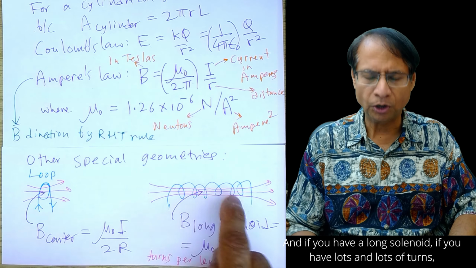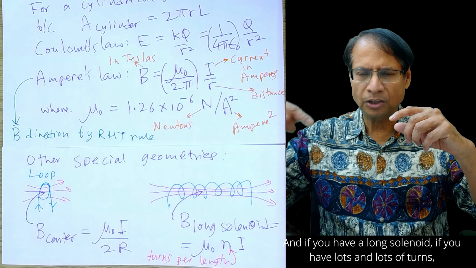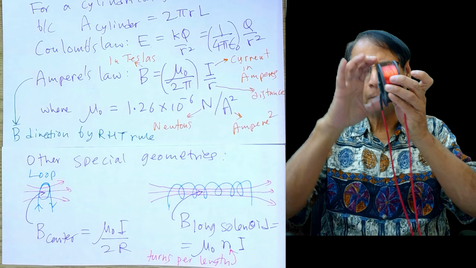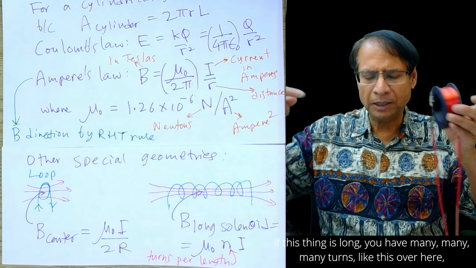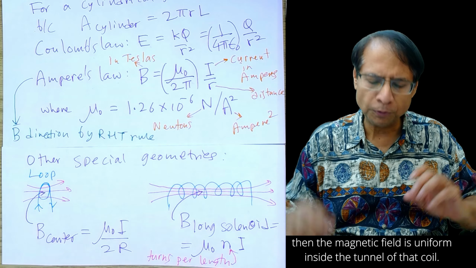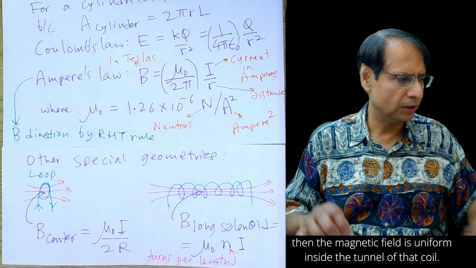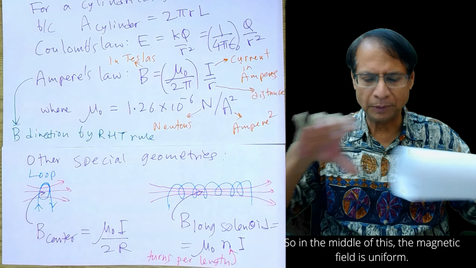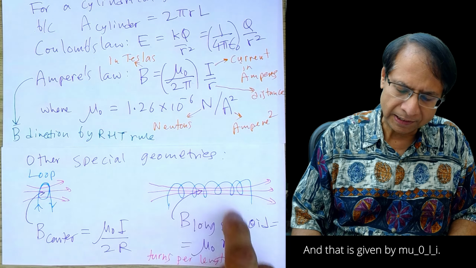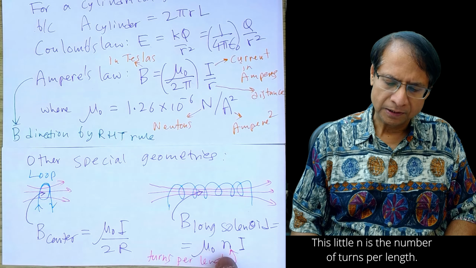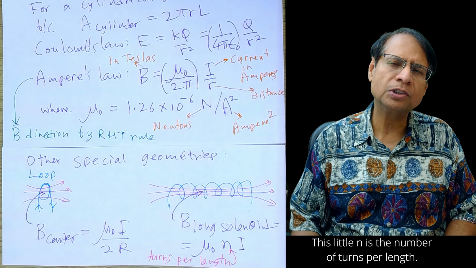And if you have a long solenoid, with lots and lots of turns, rather than this flat pancake-like thing that I have, if this thing is long and you have many turns, like this over here, then the magnetic field is uniform inside the tunnel of that coil. In the middle of this, the magnetic field is uniform, and that is given by mu 0 little n I. This little n is the number of turns per length.